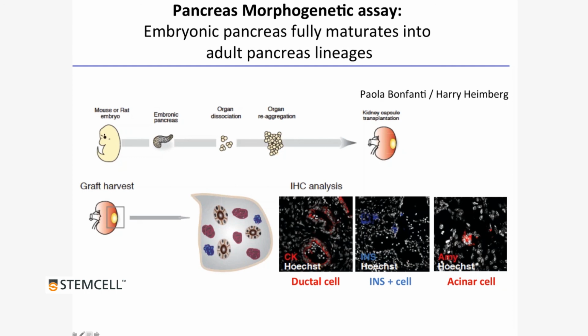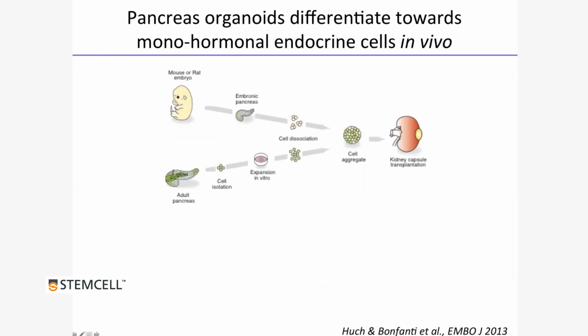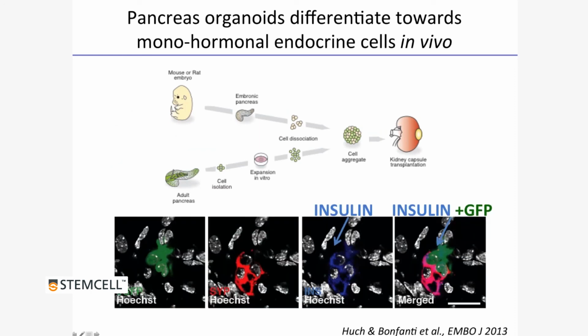So it was clear that this dissociated embryonic pancreas maintains all the signaling to instruct the epithelium to differentiate into the mature cells. So we asked the question, what happens if we now mix this embryonic pancreas with our adult-derived organoids? For that we used GFP adult organoids. We mixed them with this embryonic pancreas, and we asked, can our organoids differentiate in this permissive environment?